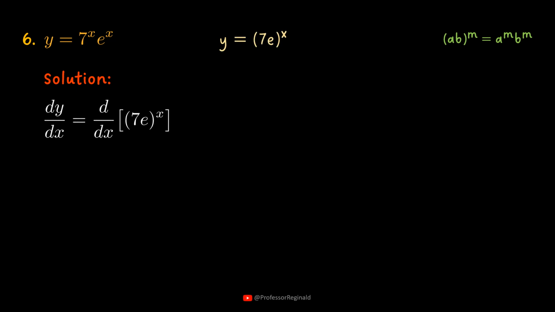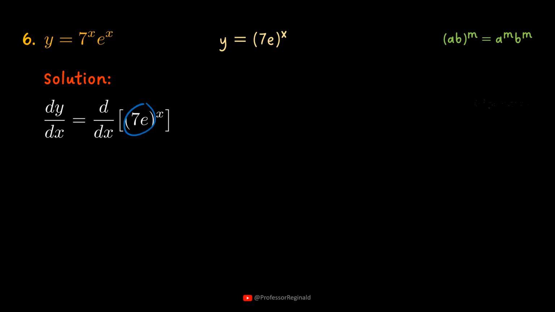Number 6. y equals 7 raised to x times e raised to x. Solution. First, rewrite y as a single base. Use a property of exponent. Afterwards, take the derivative. Treat 7e as one base.